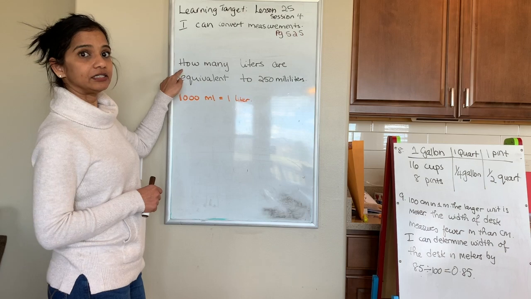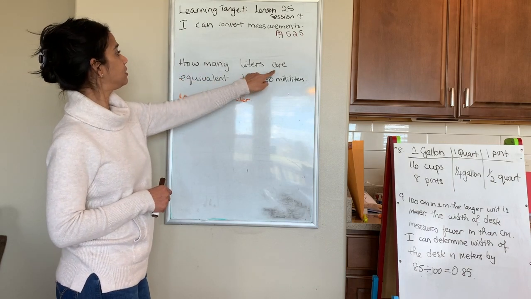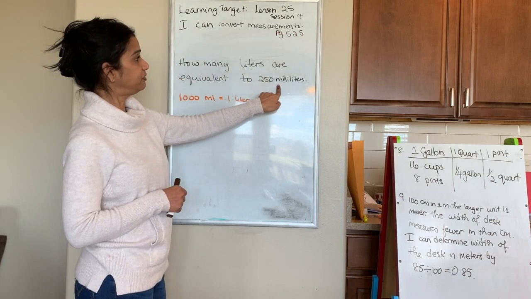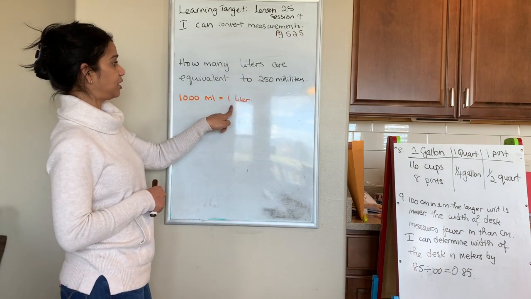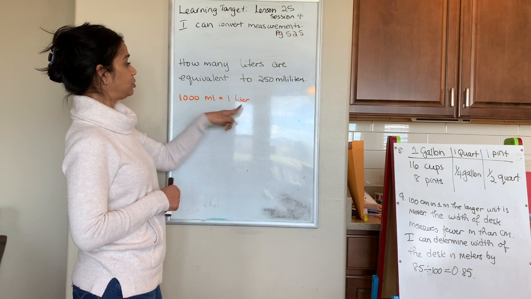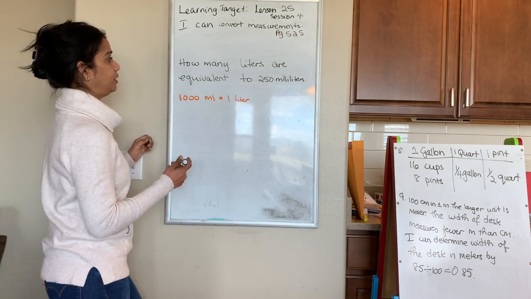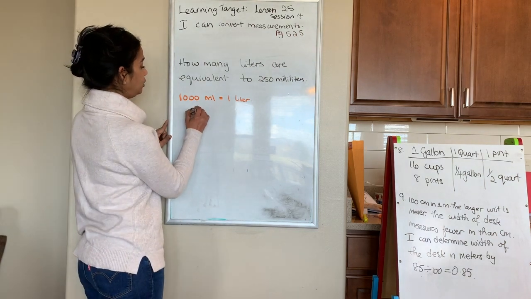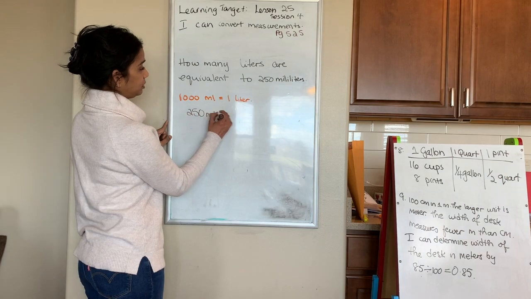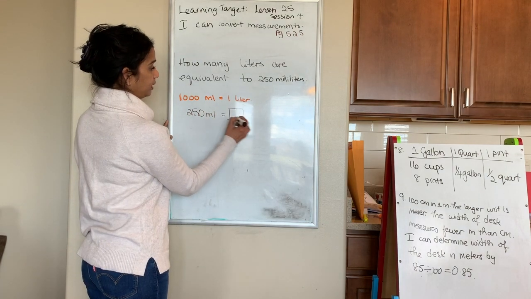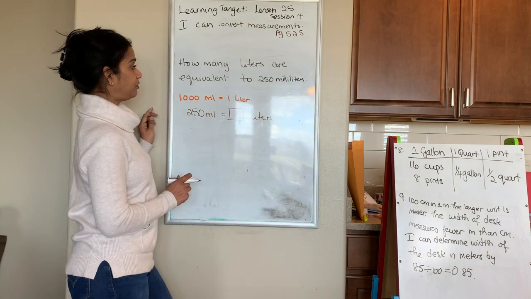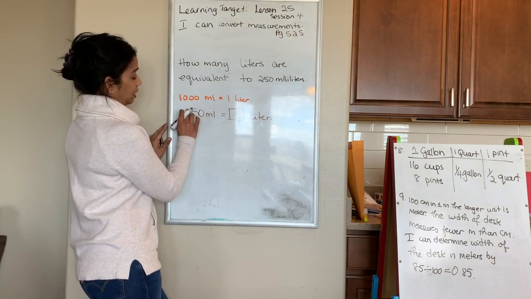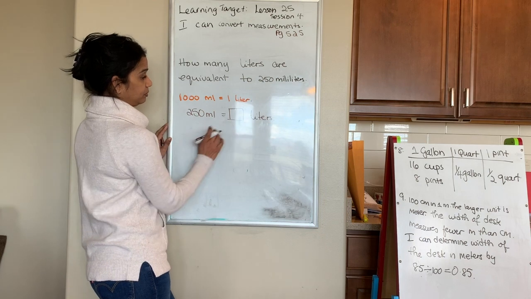I want you guys to try this for me. How many liters are equivalent to 250 milliliters? So we know that 1,000 milliliters are in 1 liter. So my question to you is, if I had 250 milliliters, how many liters would that be? So this is moving from a bigger number to a smaller number, right?